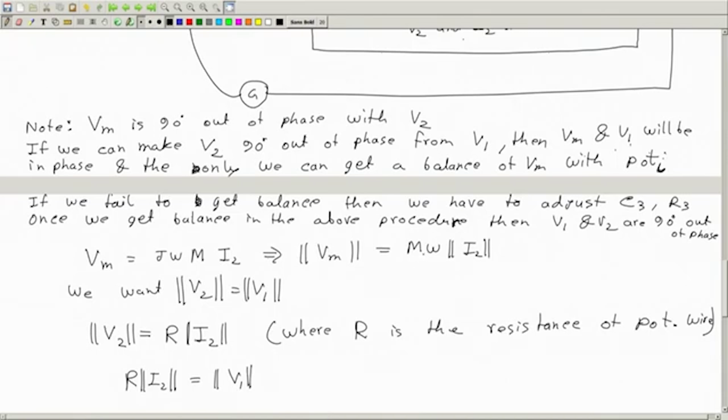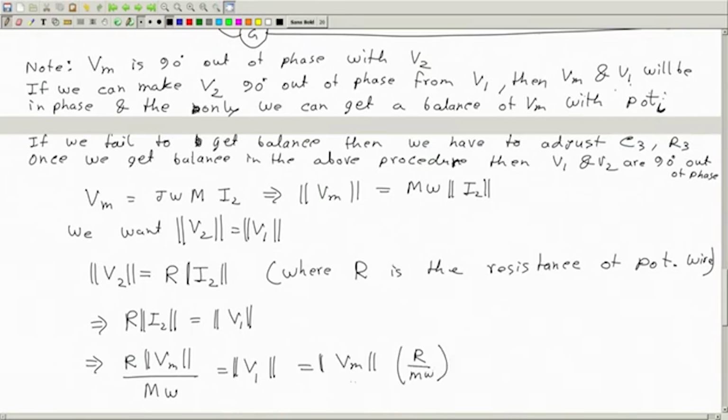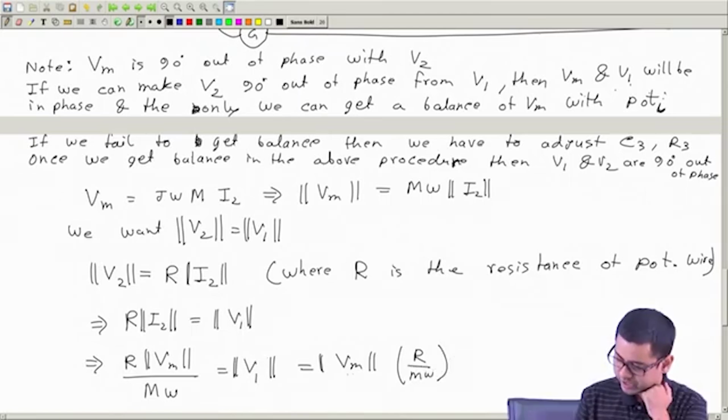and in place of I2, let us write Vm by m omega. So V1 will be Vm multiplied by R times m omega.